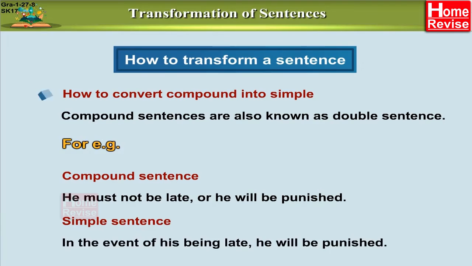In the event of his being late, he will be punished. So, he must not be late is converted into a phrase, in the event of his being late. We have introduced a phrase in place of the first clause, and thus it has become a simple sentence.